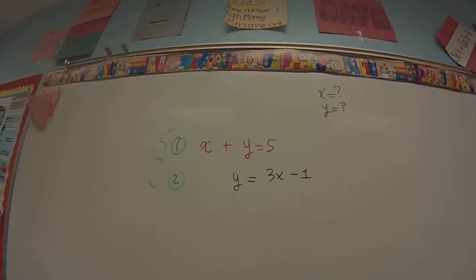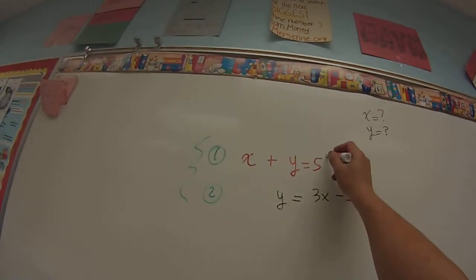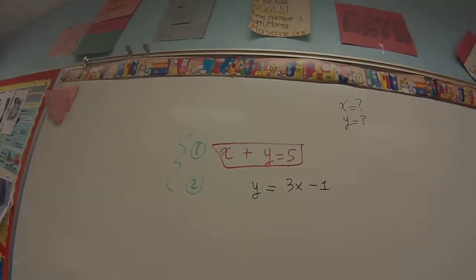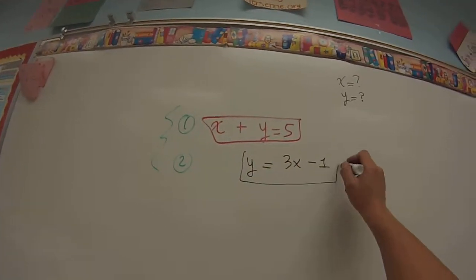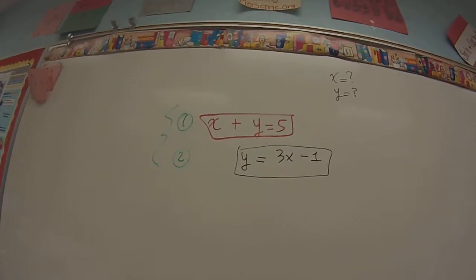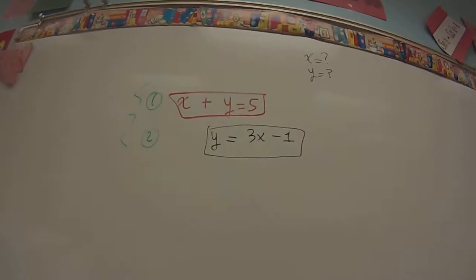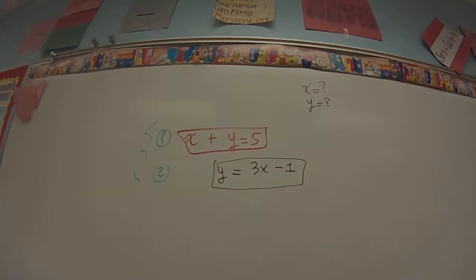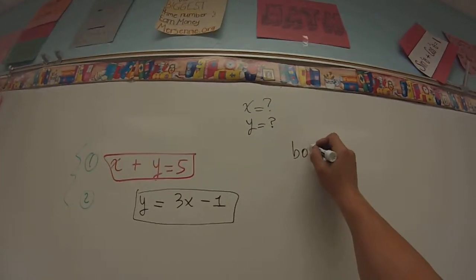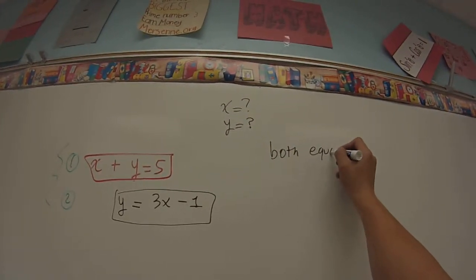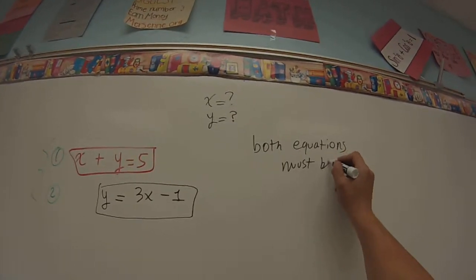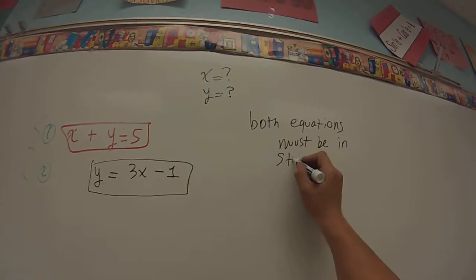The top equation is in standard form, and the bottom equation is in slope-intercept form. You might want to look at the first video that I posted, finding the equation of a line, which tells you more about standard and slope-intercept form. Here's a big hint: both equations must be in standard form.